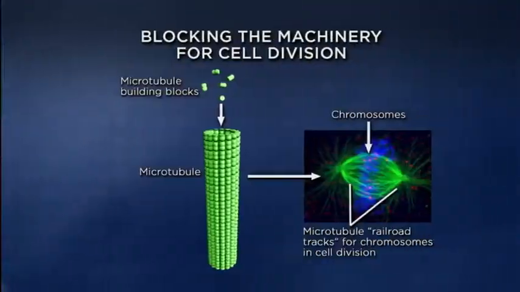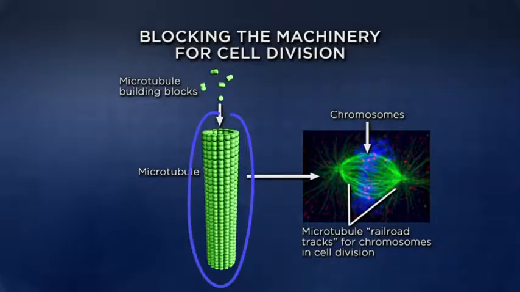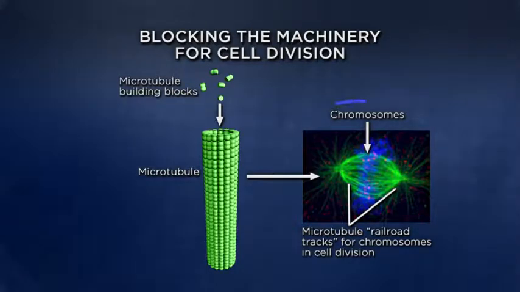Taxol, you'll recall, bundles the tracks so they're not available. There's a whole series of other drugs that essentially stop these from being built. So the microtubule, this long tube, is made up, in turn, of protein building blocks that go one on one, and you can see the building blocks there. And the chromosomes shown here move along it.